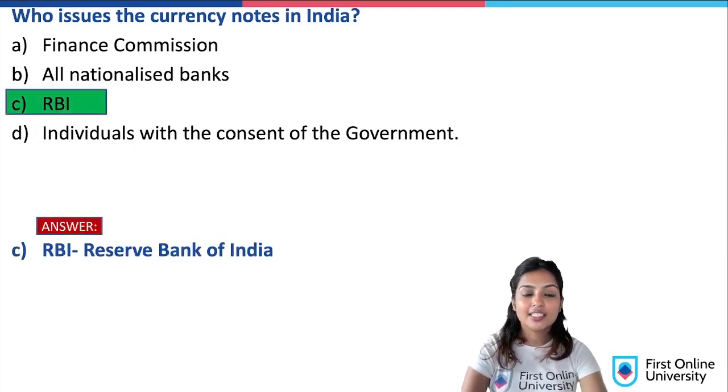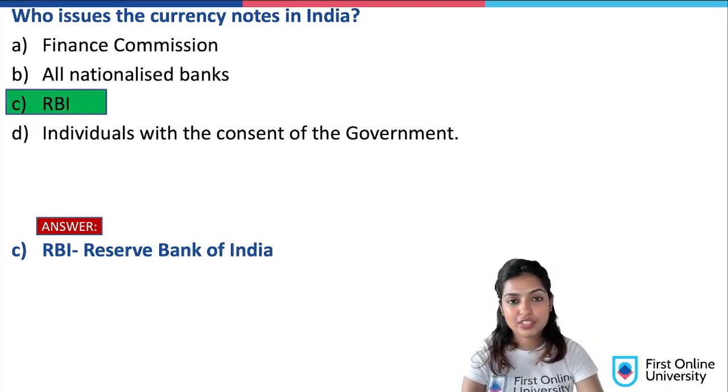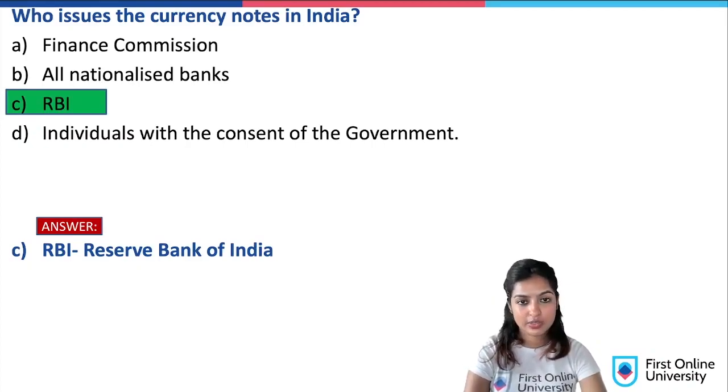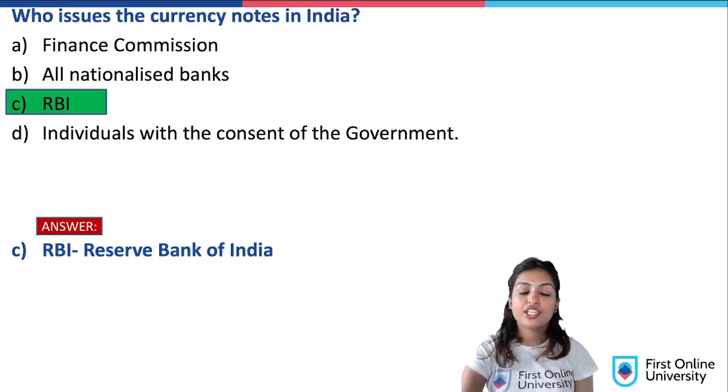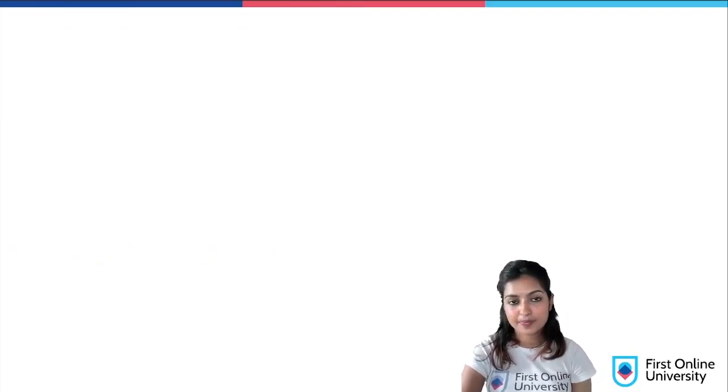So this is that institution that gives out currency notes. Individuals absolutely have no kind of authority to issue currency notes. Finance Commission has nothing which is related to issuance of currency notes. In the section of politics in social sciences, you will come across what exactly Finance Commission is.